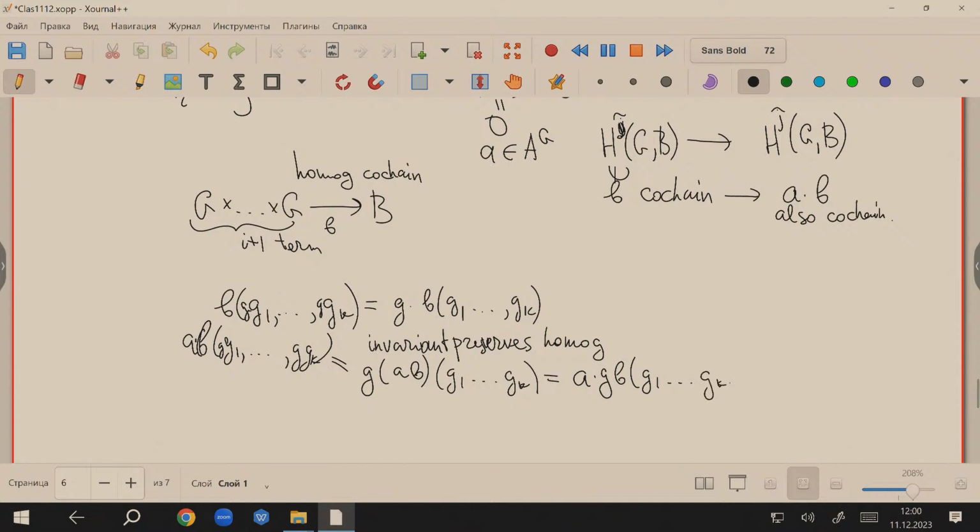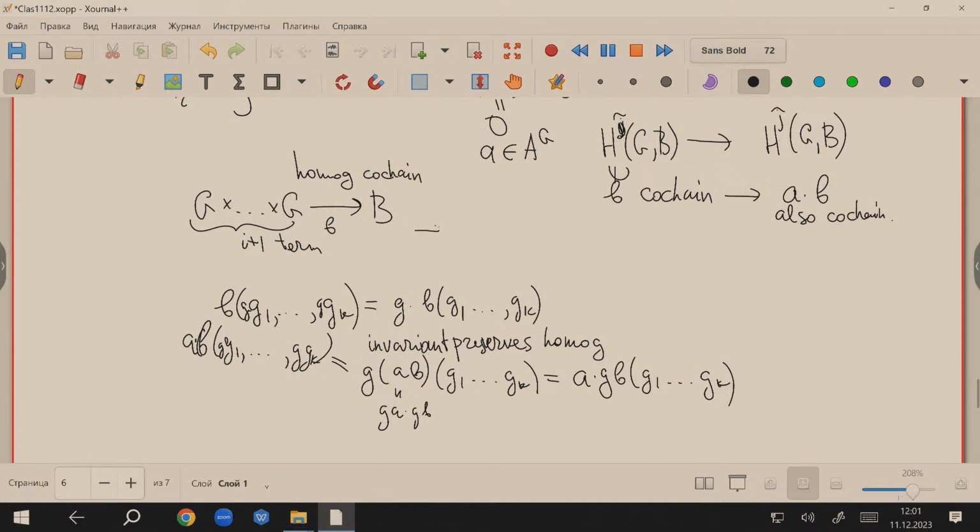So that's why the invariant doesn't spoil anything. This is G of A times G of B, just as the thing is in B module.